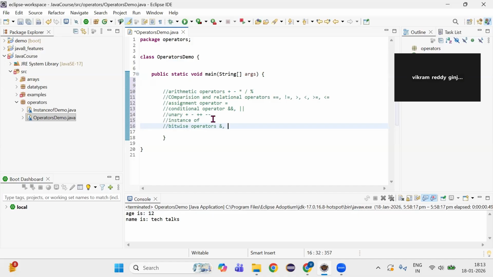Similarly, we have bitwise OR, and we also have the negation operator, the bitwise inverse operator, that will be like this.